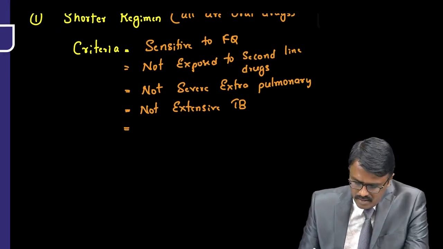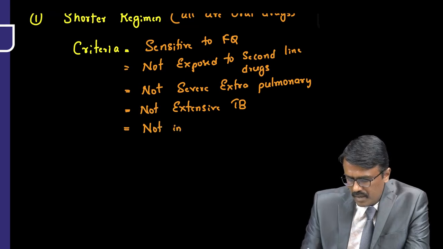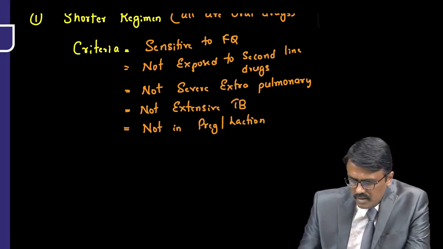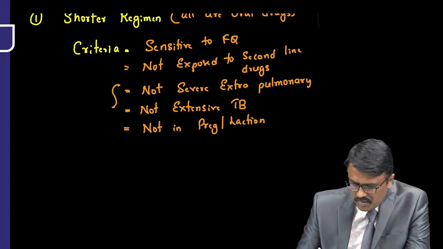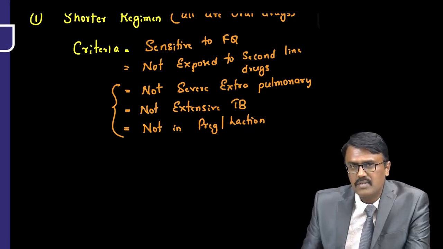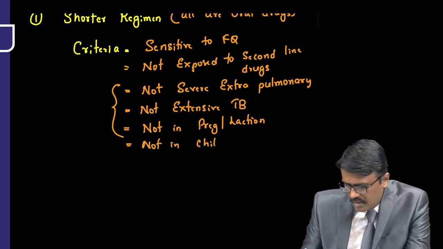Then it should not be used in pregnancy and lactation. So this regimen is not preferred in these patients. Not in severe extrapulmonary, not in extensive TB, not in pregnancy, and not in children less than 5 years.